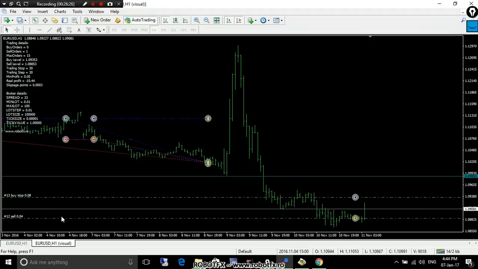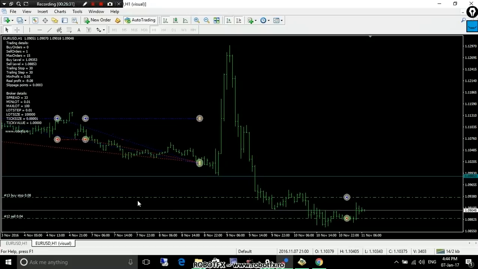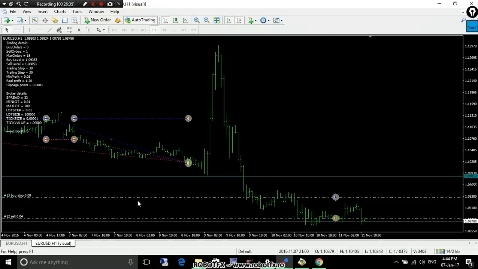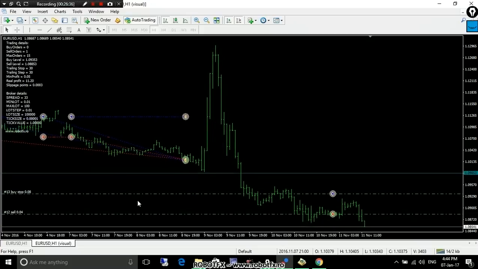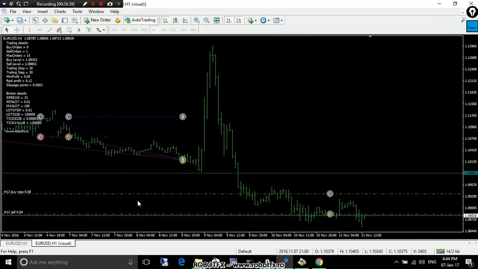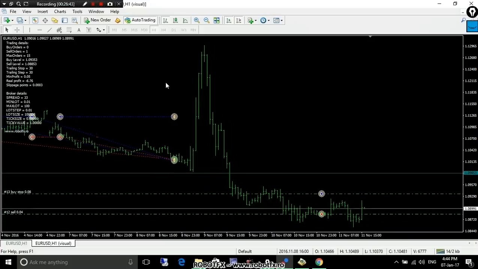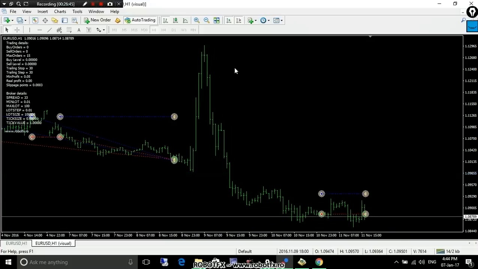Because we had the martingale set to true, if there's a loss trade, the expert advisor will double the size of the next trade. And by the way, if you remember the settings, the initial lot size is 0.02.